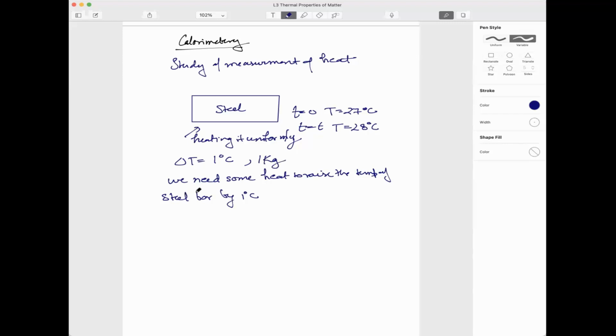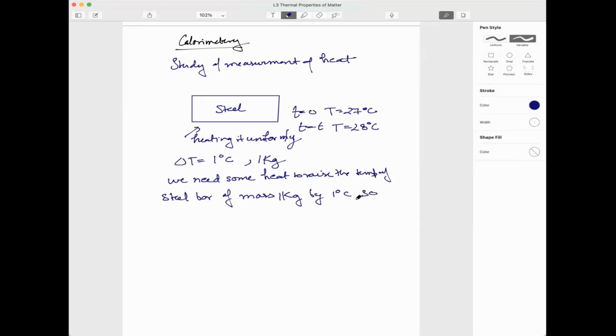Better to say, we need some heat to raise the temperature of a steel bar of mass 1 kg by 1 degree centigrade.